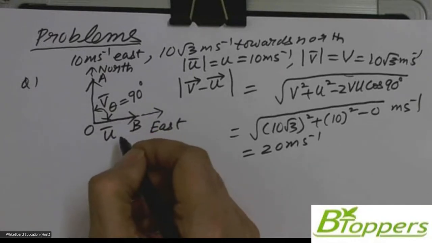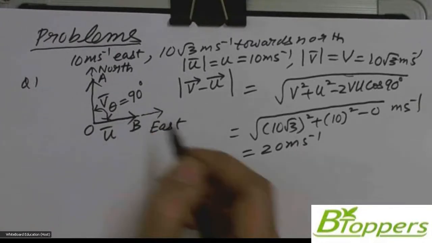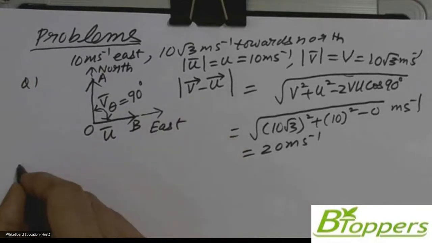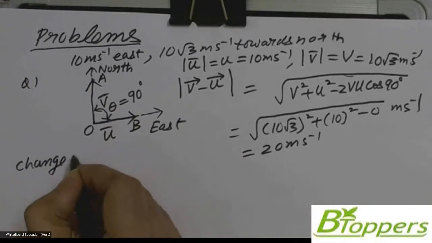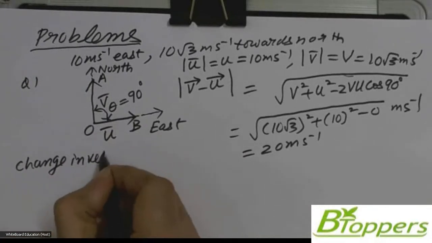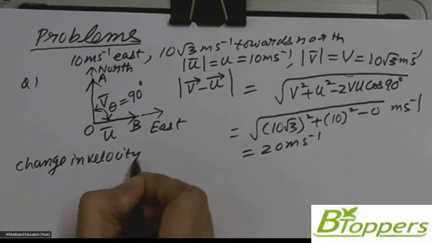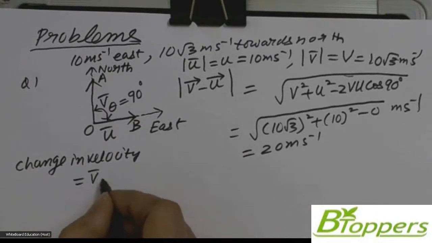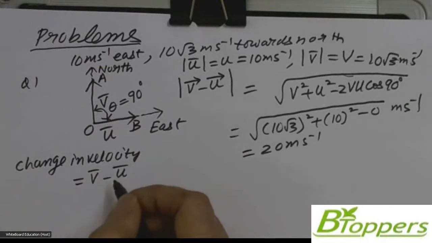The directed line segment OB bar represents the initial velocity vector u bar. The change in the velocity vector of the particle will be equal to the vector difference of the final velocity vector v bar and the initial velocity vector u bar.